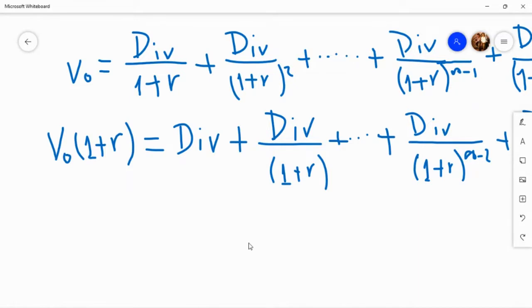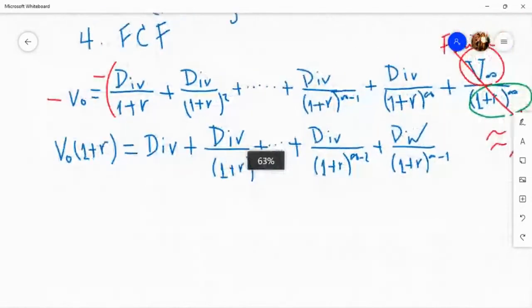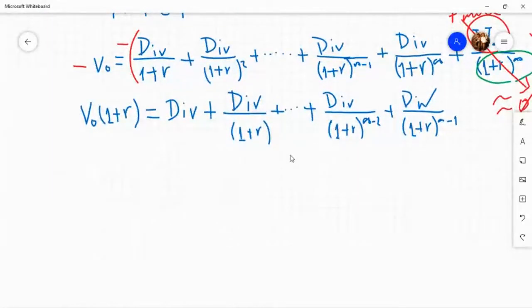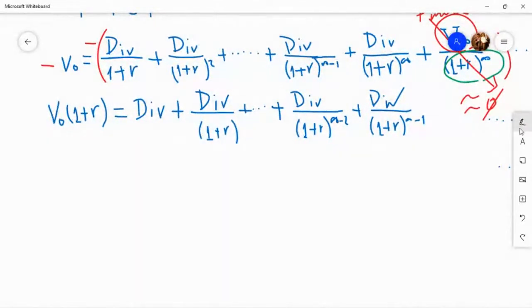So the whole thing will have a minus sign, because you're subtracting 1 from 2, right? So then think about it.